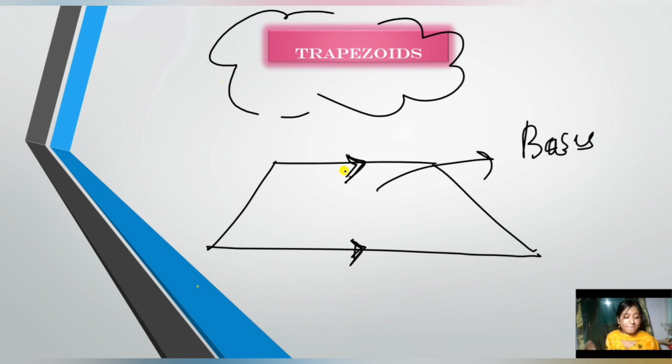So in the trapezoid we are having 2 bases and 2 legs. And you know what? A trapezium can also have parallel legs, and that is a very important point that makes it special.